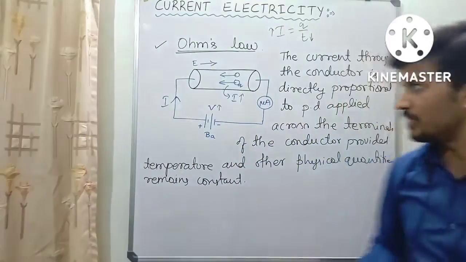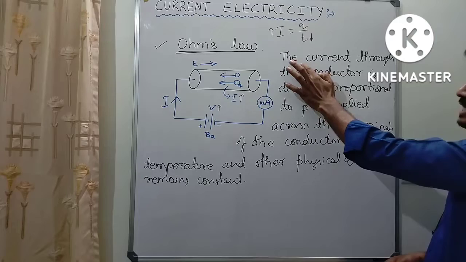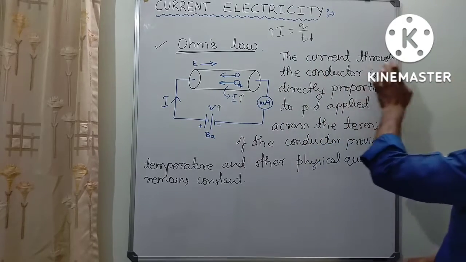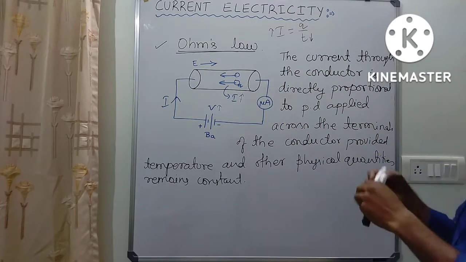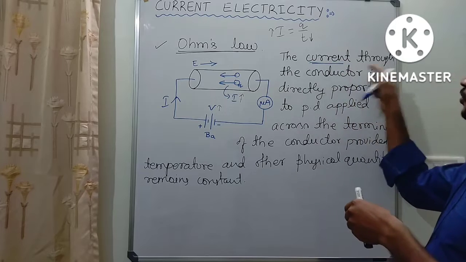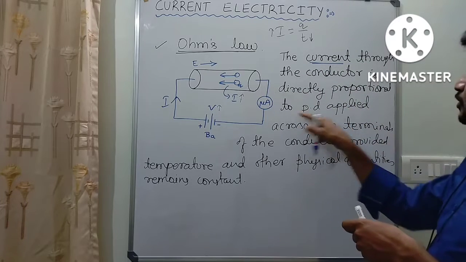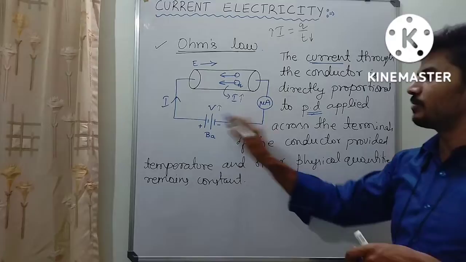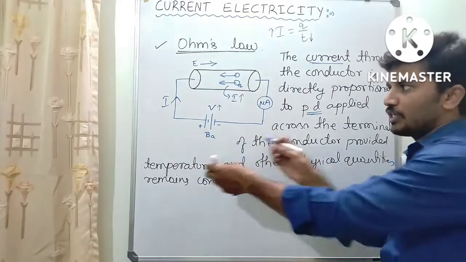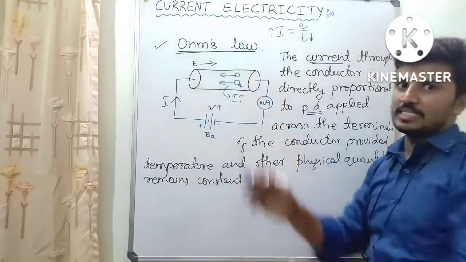So here we have the statement for Ohm's law. The current I through the conductor is directly proportional to the potential difference V. If potential difference increases, current increases.